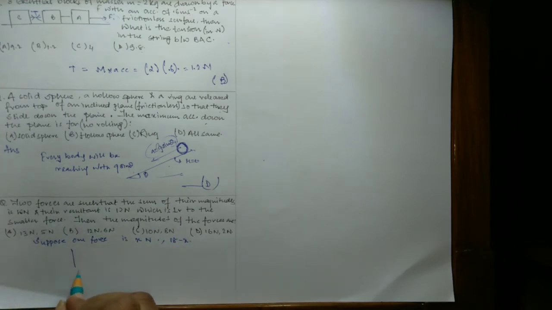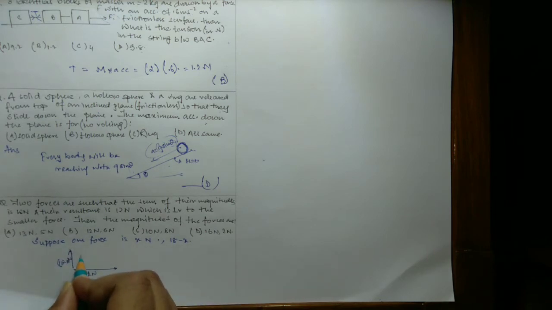Now suppose these are the two forces, x Newton and 18 minus x Newton. The resultant is perpendicular to one of the forces, and it is given that it is perpendicular to the smaller force.